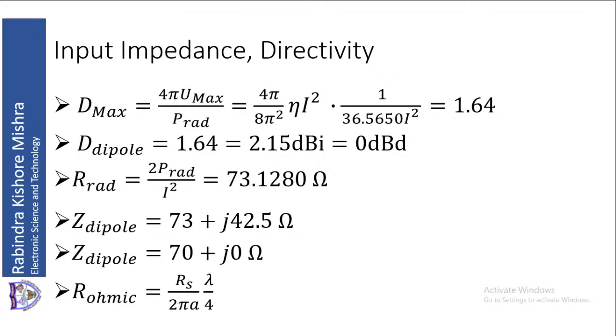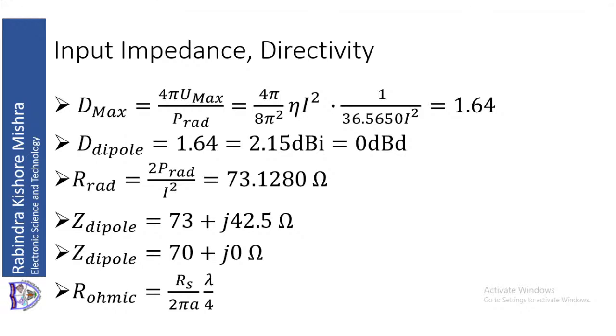Then when you take the dipole's ratio with respect to itself, that ratio will be 1, and log of 1 will be 0. So D dipole is equal to 0 dBd. Small d at the end of dB stands for dipole.